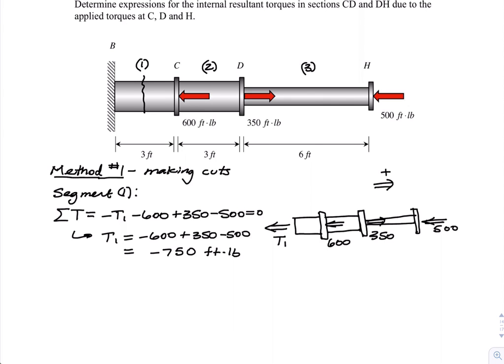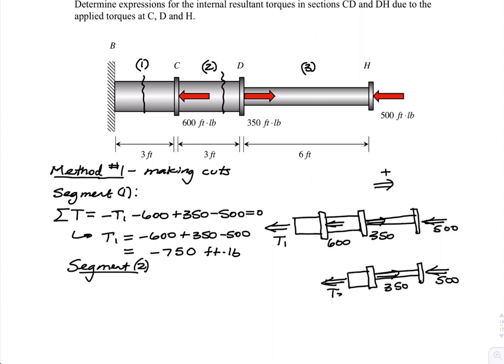So now what I'm going to do is make a segment 2, and so I'm going to make a cut somewhere across there. So basically the same free body diagram, except I'm going to keep less of it here on the right-hand side. So 500, 350, and the torque I'm looking for here is T2.